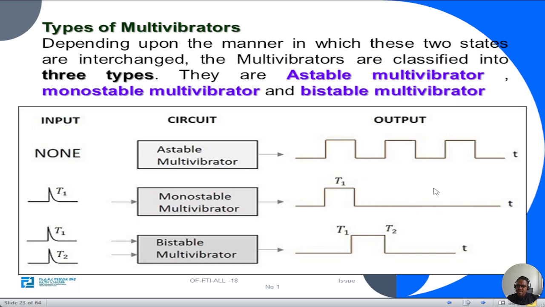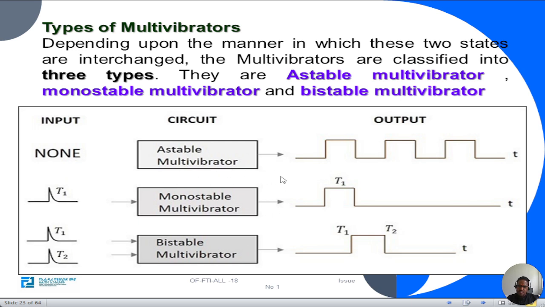But in bistable multivibrator, both of them are stable states. So if you need low, T1, you can trigger, if you need high, T2, trigger, and vice versa. So let's see one by one the principle of operation of each type of multivibrator.